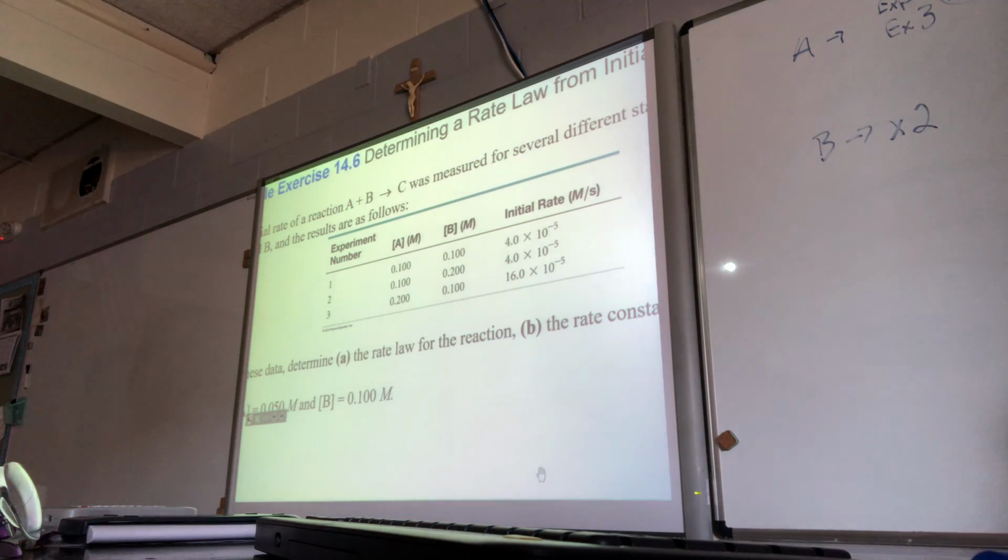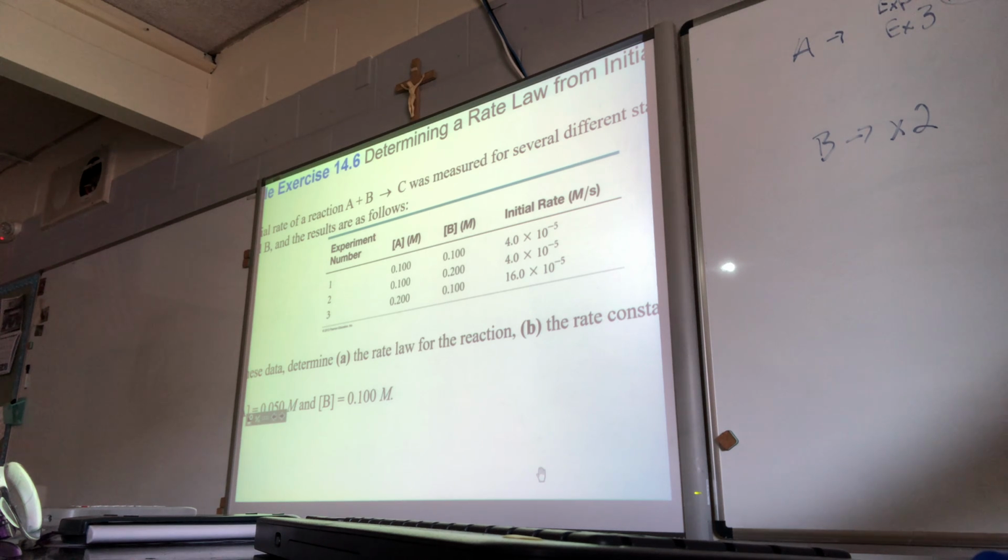Okay. So when this happens, we need to figure out what the order is. One of the cool things that we can do is I'm going to give you a shortcut for determining what happens.